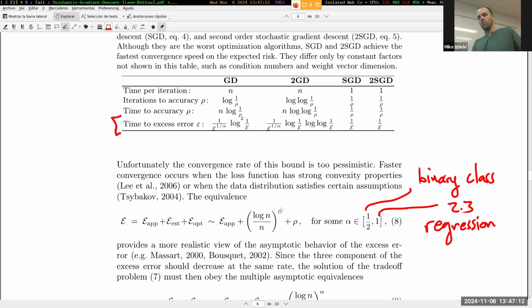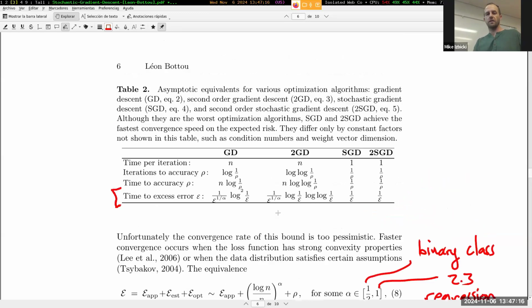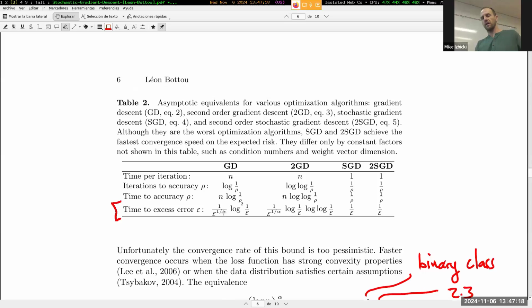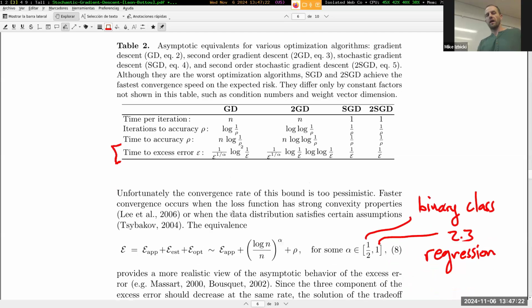So just to be a little bit more general, Leon Bottou uses alpha right there, but we can use the 2 value instead, for alpha 1/2, meaning 1 over alpha being 2. And so that's how this time to excess error is derived. The key idea here is, again, that we're not making our rho value go down to 0.